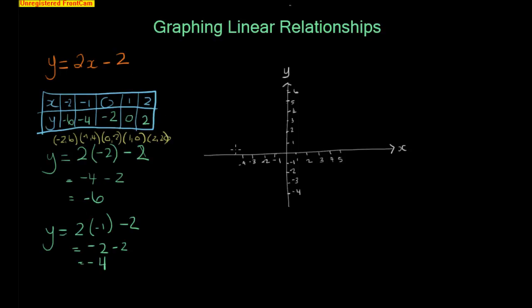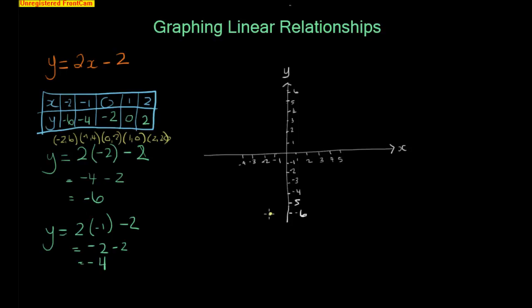So we need (-2, -6). Now my plane doesn't go all the way down to -6, so we'll just make it -5, -6. So we've got -2 for x, -6 for y.